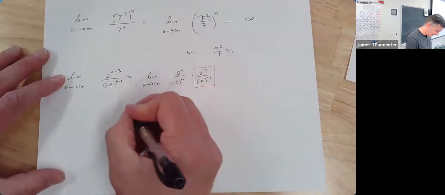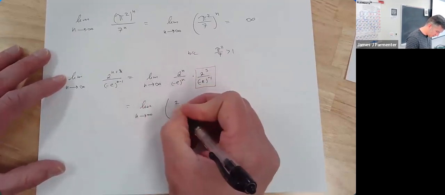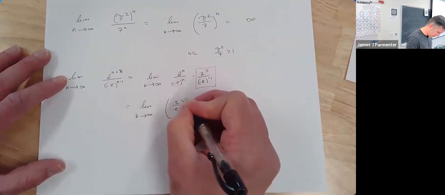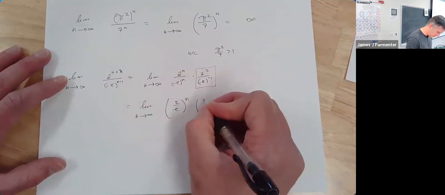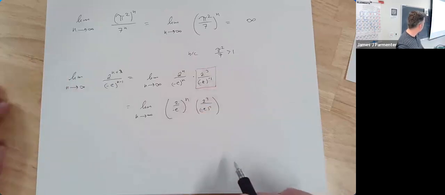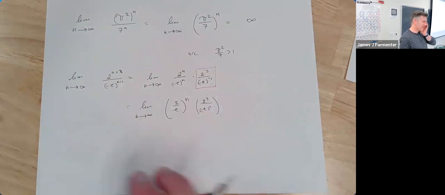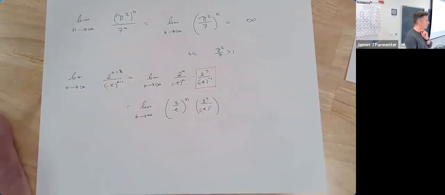Here, again, I would really like to write this as just one fraction, 2 over negative e to the nth power. Kind of done. So now, don't pay attention to the sign. I know it's negative, forget that it's negative. Is 2 over e bigger than 1 or less than 1?